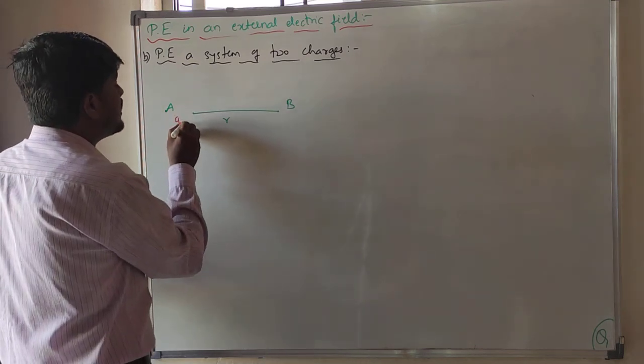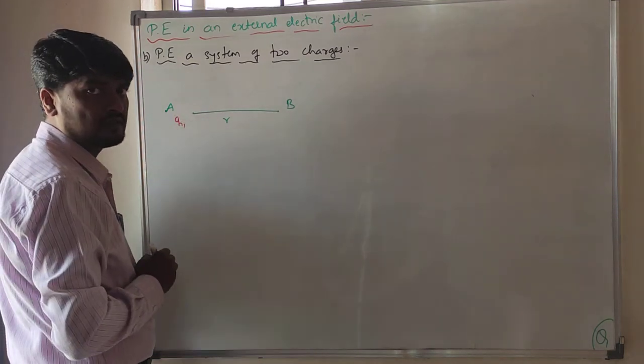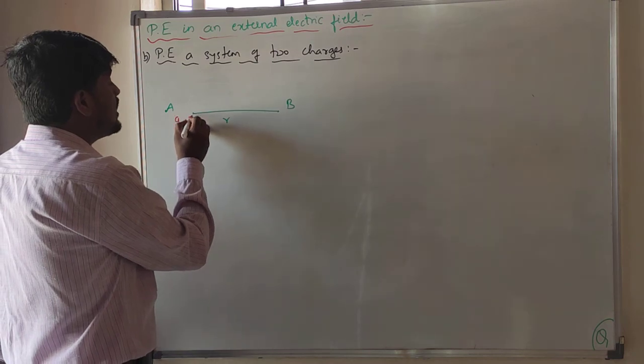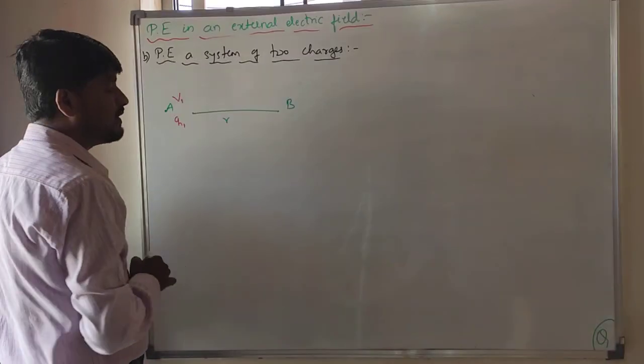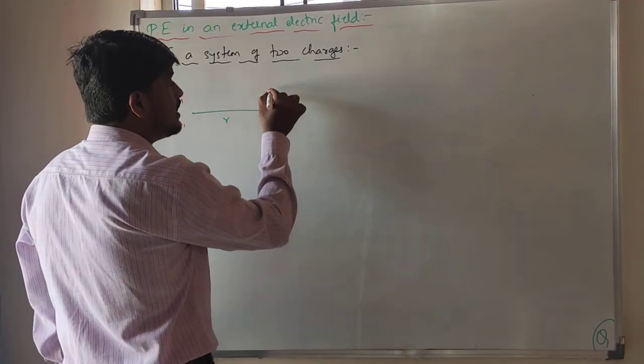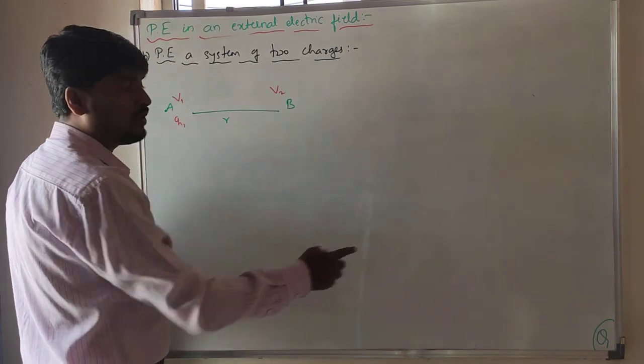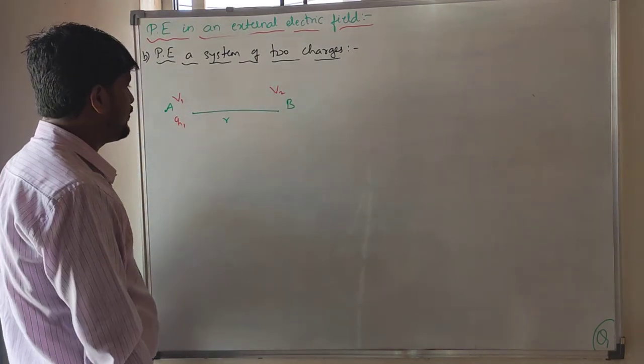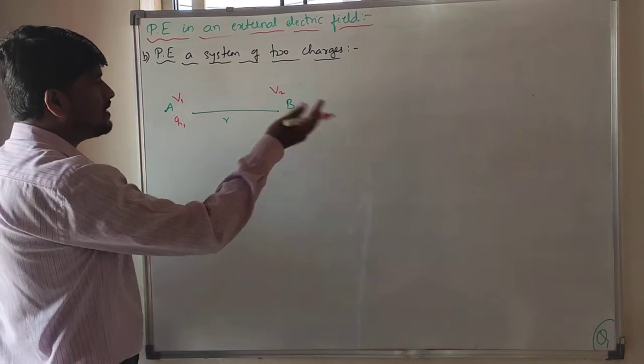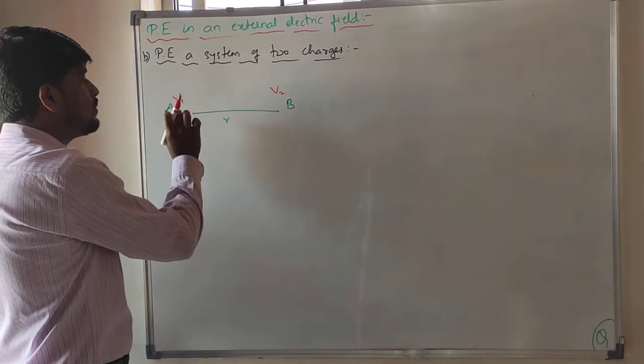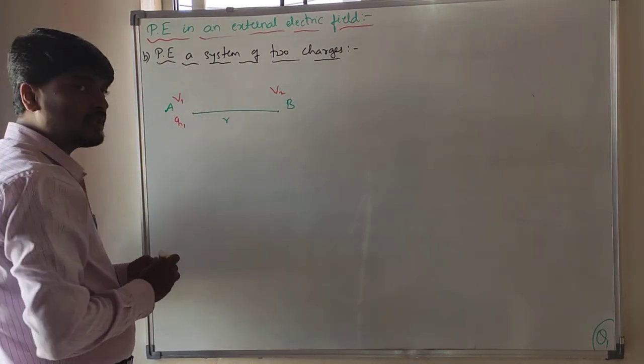So if I bring the charge Q1, already at the point A the potential is V1, and at the point B the potential is V2, due to the external electric field. Suppose I bring the charge Q1 from infinity to the point A, what happens?